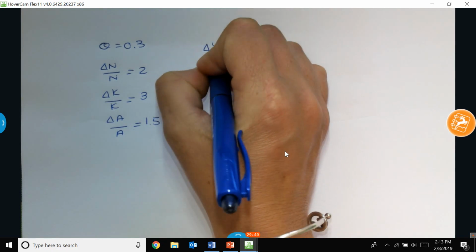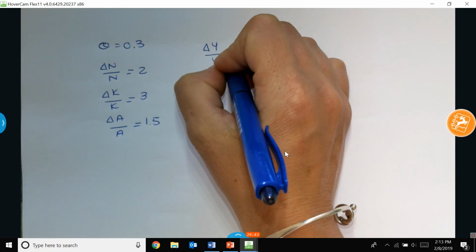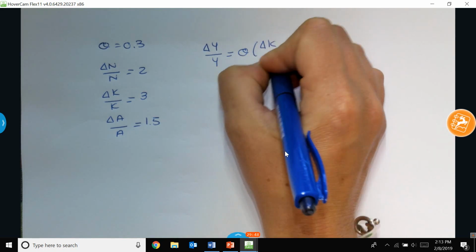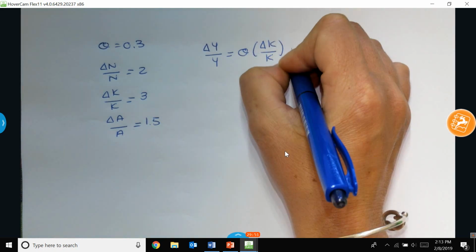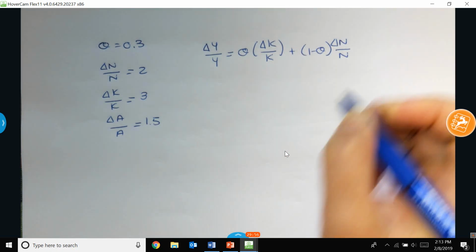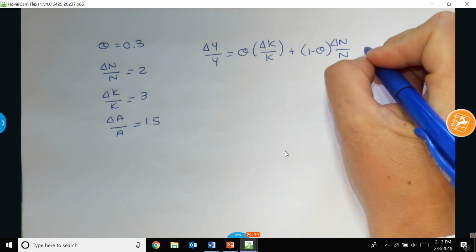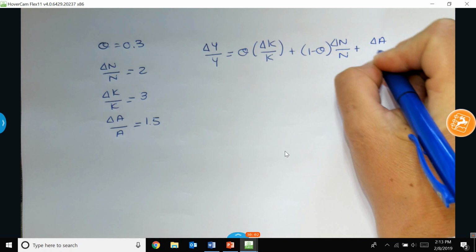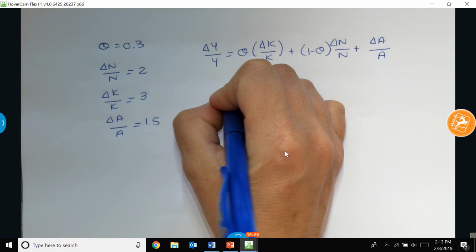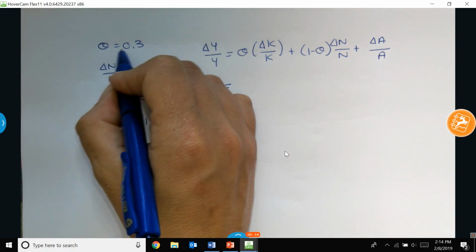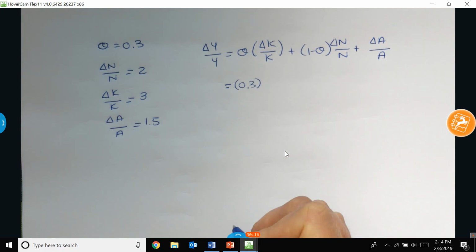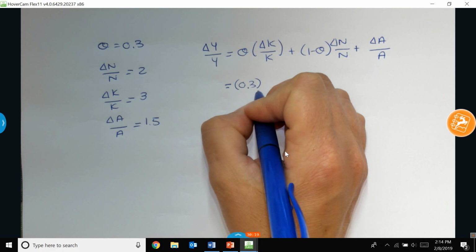So the growth accounting equation says that economic growth or total output growth depends on theta multiplied by capital stock growth plus 1 minus theta multiplied by the population size changes, or the population growth, as well as the amount by which technology changed. Okay, so now we simply substitute the values in. Theta here is 0.3. So that's suggesting that the share of capital stock in total output growth is 30%.